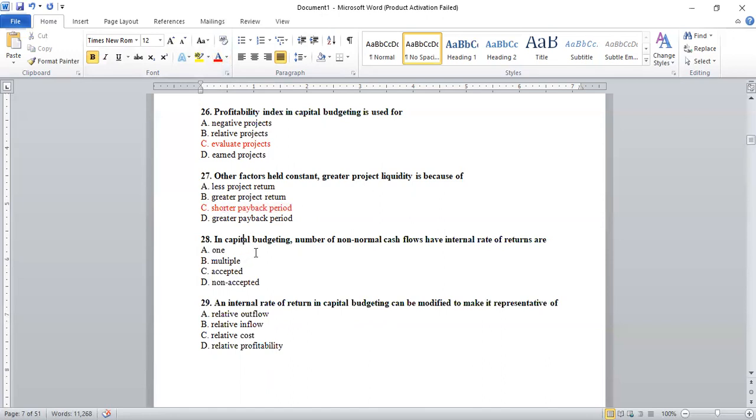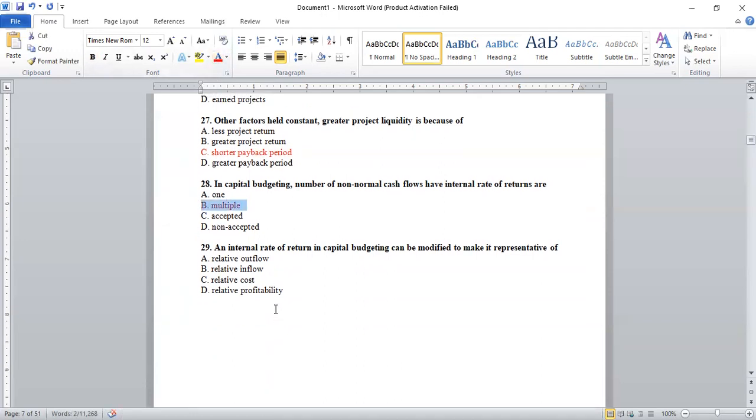In capital budgeting, a project with non-normal cash flows can have multiple internal rates of return. The last question for this session is: an internal rate of return in capital budgeting can be modified to make it representative of a relative cost.